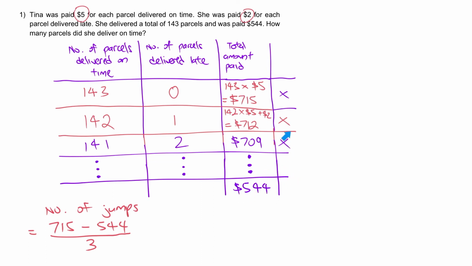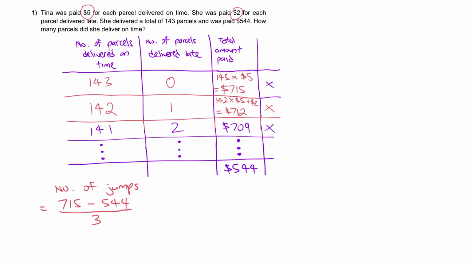Alright, I need to close such that it reaches 544. That is why I subtract them. And after I figure out the amount I need to jump, I divide by 3. That will give me the number of repetitions I need to do. Therefore, the number of jumps is 57 times. Alright, I need to do this 57 times.